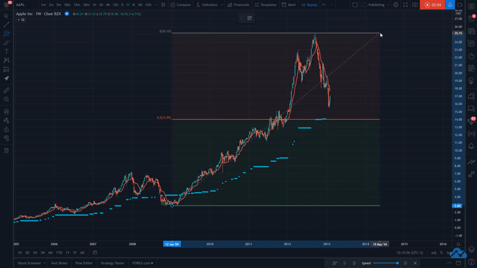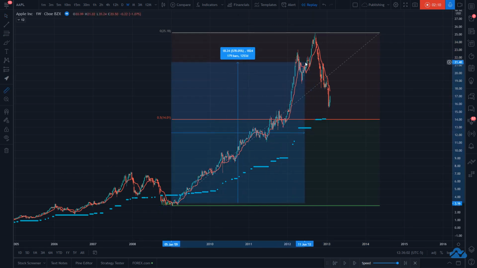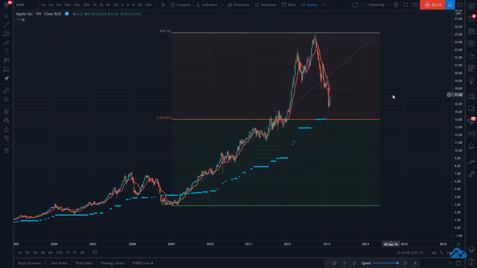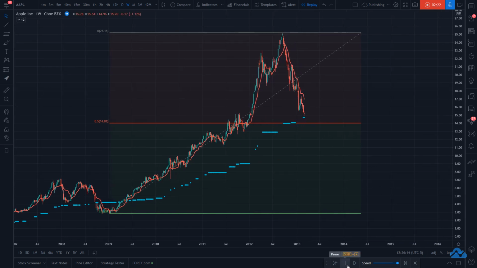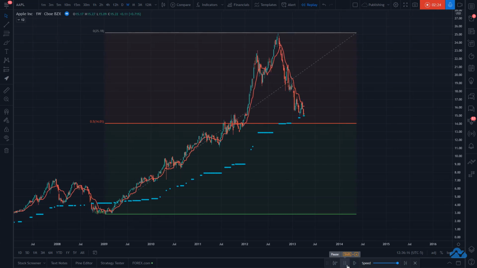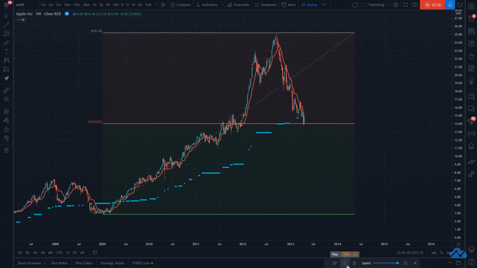But if you felt like you were getting in late up here after it had gone up, say 500, 600, 700%, then you were probably right. But if you were patient, you would have been able to see where it would have gotten back to the 50%.